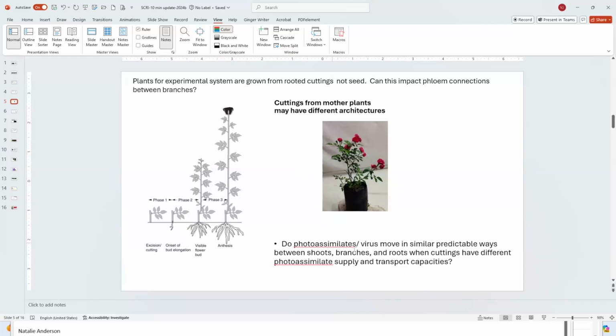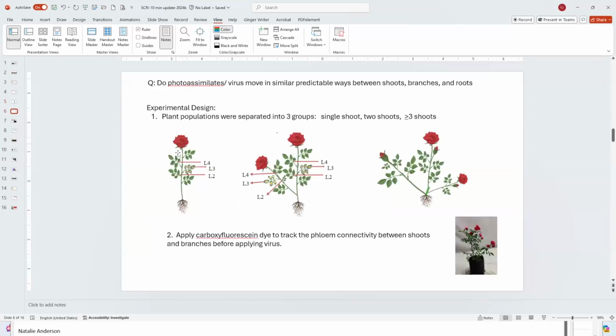We're asking, does virus follow the route of photoassimilate movement from shoots to branches and roots? And as the growth patterns change, does the virus distribution change? Not easy questions to investigate, but the way Reagan has been going about it was to take populations of plants and divide them into different architectures, where some plants have a single shoot, some have two shoots, some have three or more shoots coming out of the basic plugs.